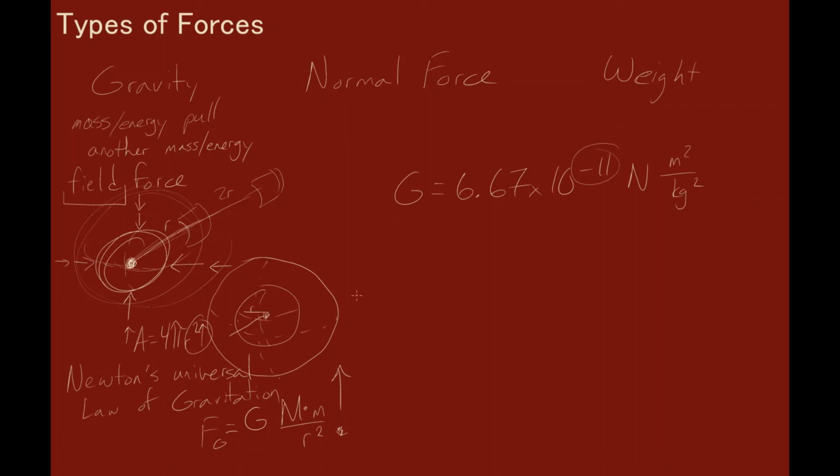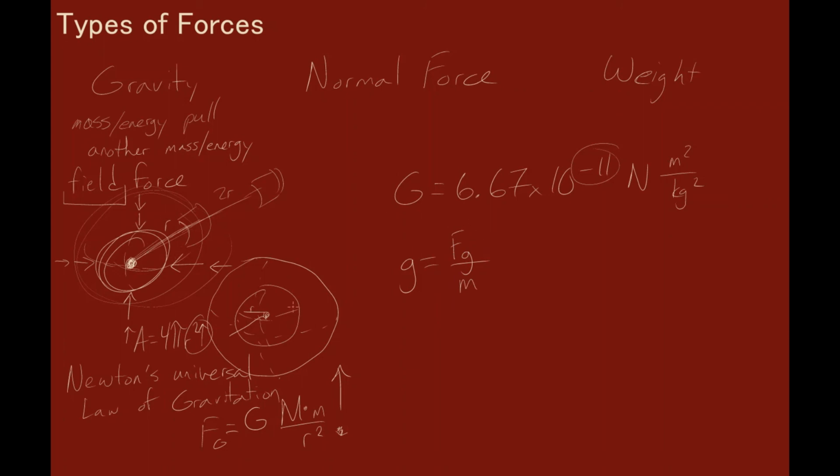And it turns out we can represent the field strength through an acceleration. We call that the acceleration due to gravity, or g. And the field strength is just the ratio between the force of gravity that the mass would have at a given spot on the field.